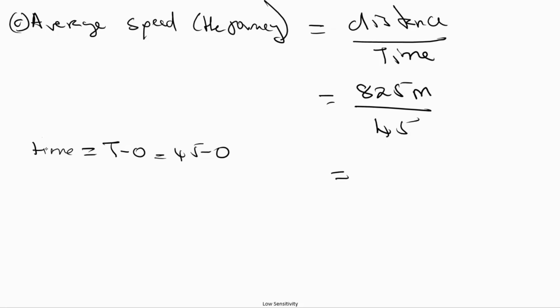We can now divide the two, which is 825 divided by 45, which is 18.3333, and so forth.